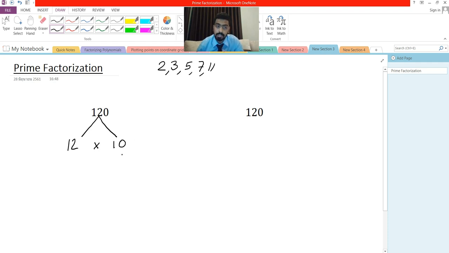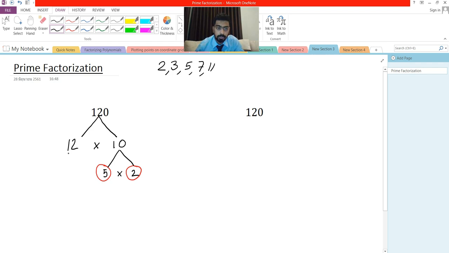For 10, we know that 5 multiplied by 2 gives us 10. Again, whenever you see a prime number, we circle it. We know 2 is a prime number and we know 5 is a prime number.